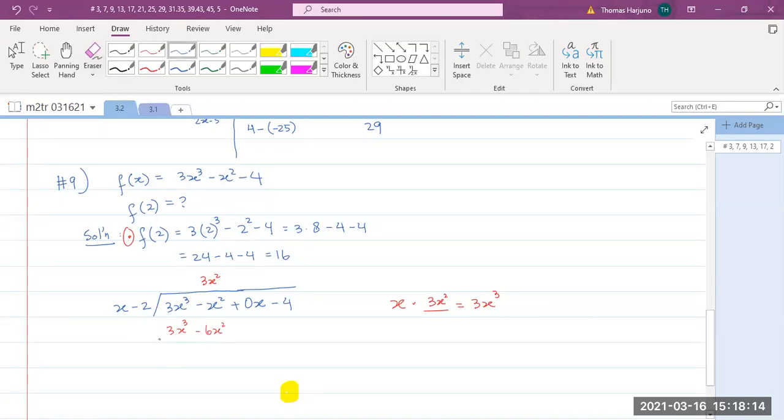And then when I subtract, I get negative x squared minus negative 6x squared, that's positive 5x squared. And then I bring the next term down.